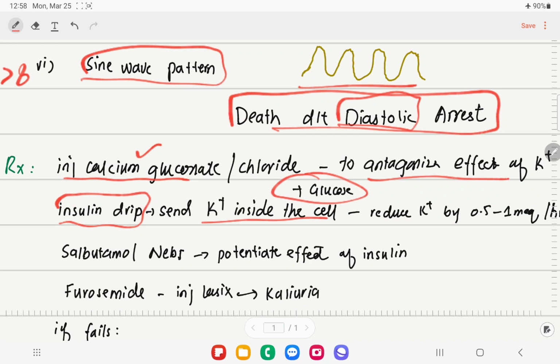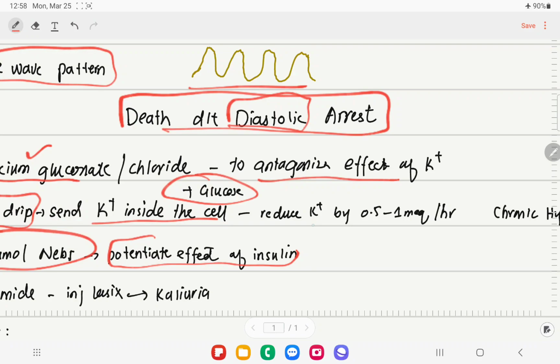To potentiate the effect of insulin, we have to use salbutamol nebulization, right? So along with the insulin drip, we go for salbutamol nebulization. This insulin drip is going to internalize the potassium and reduce it by 0.5 to 1 milliequivalent per hour, right?